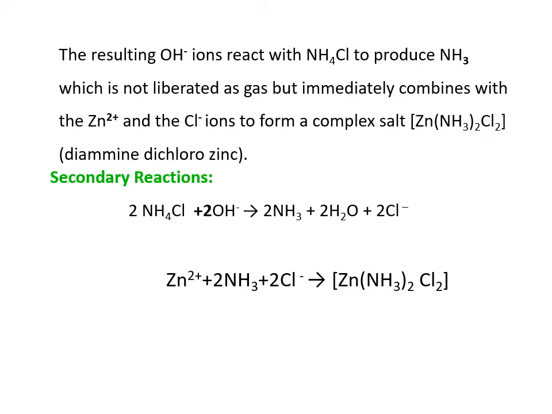So the secondary reaction is written as 2NH4Cl plus 2OH minus gives 2NH3 plus 2H2O plus 2Cl minus. Then Zn2+ reacts with 2NH3 and 2Cl minus to give the diamine dichloro zinc complex salt.